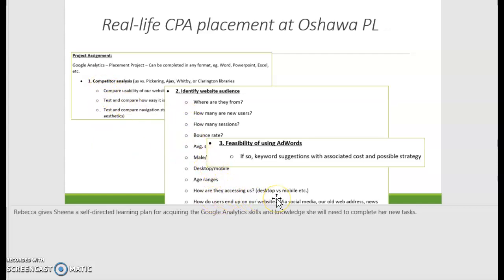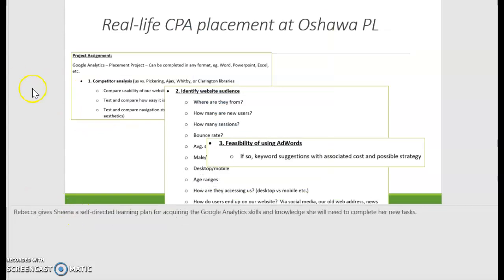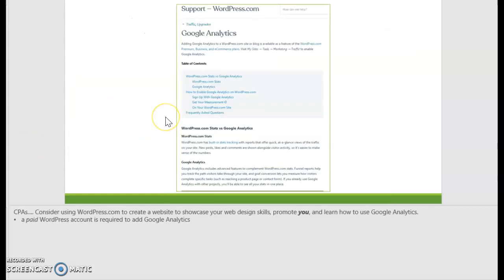What kinds of things they could find out using Google Analytics. And you can actually use some LinkedIn Learning videos. If you're interested in learning about specifically which ones this student used, then let me know and I'll share that information. Okay, so this is how it works with WordPress.